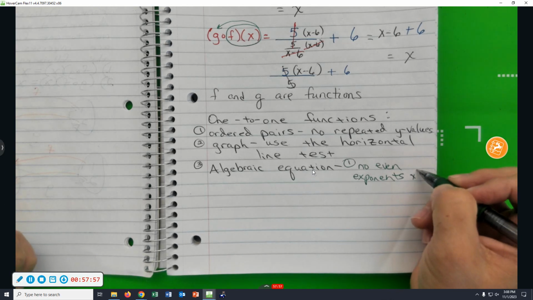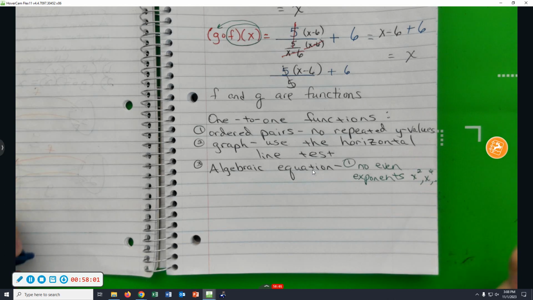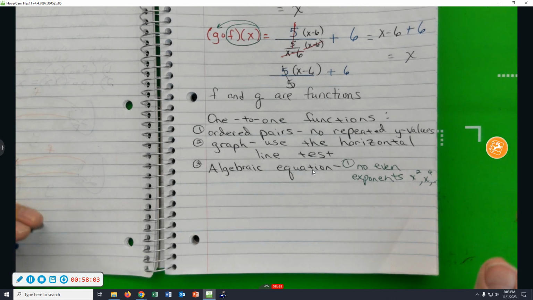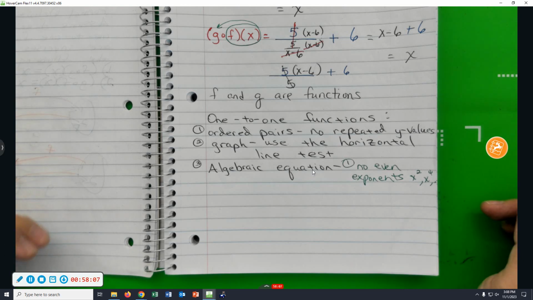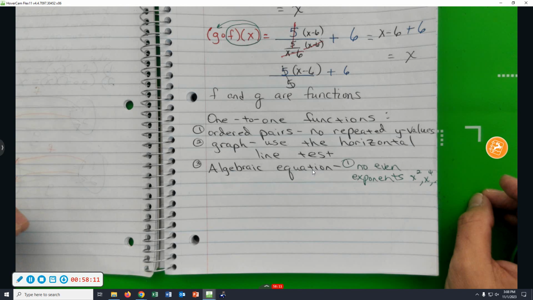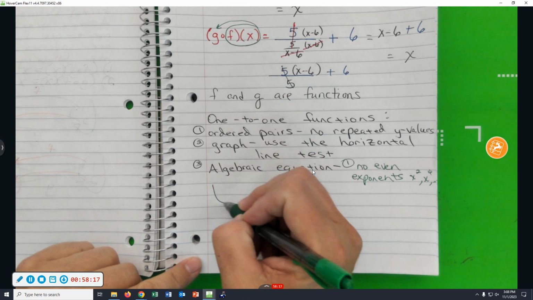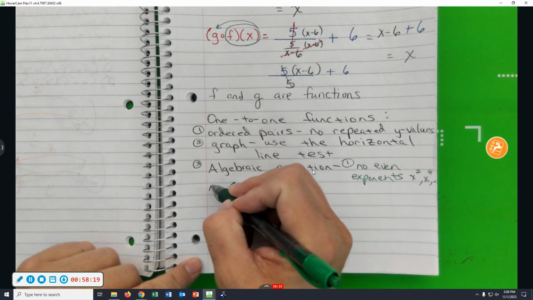You don't expect x squared or x to the fourth. Even exponents take negative quantities and make them the same as the positive quantity. The V-shaped figure was maybe absolute value.